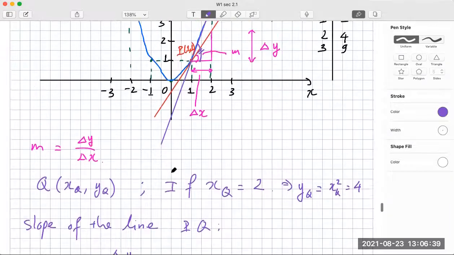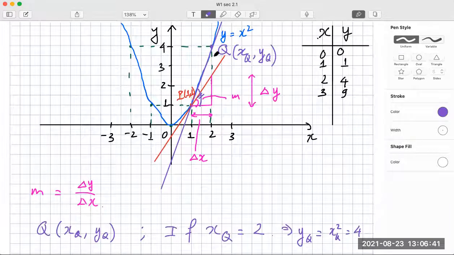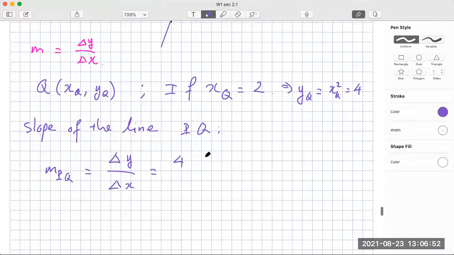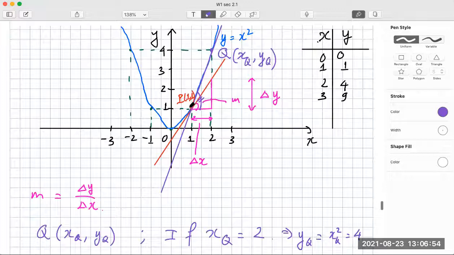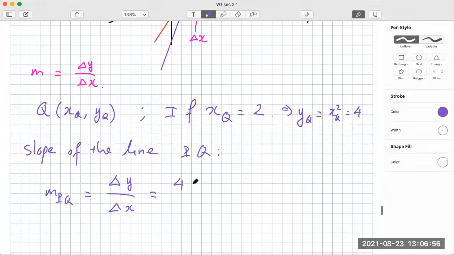The change in Y means the difference between the P and Q coordinates in the Y direction. What is the coordinate of Q in Y direction? 4, very good, 4. And how about the y coordinate of P? Very good. 4 minus 1. Good. How about the change in x?